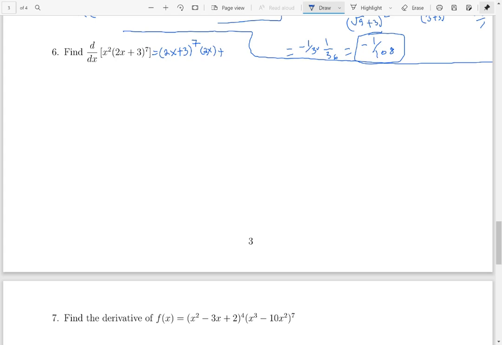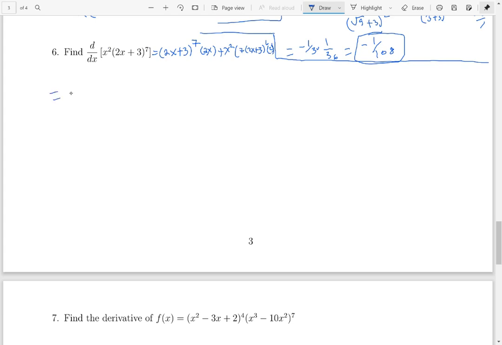Plus the first function unchanged, that's x squared, times the derivative of the second function, which is chain rule, so that's going to be 7 times 2x plus 3 raised to the 6th power times the derivative of the inner function, which is just going to be 2, because the derivative of 2x is 2 times 1, and the derivative of 3 is 0. And so there we have it.